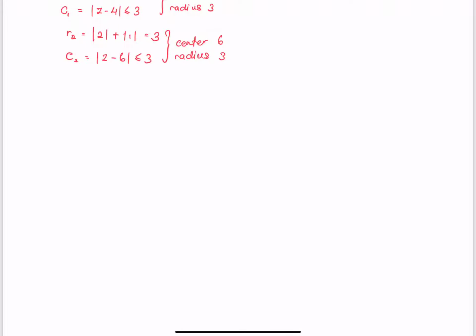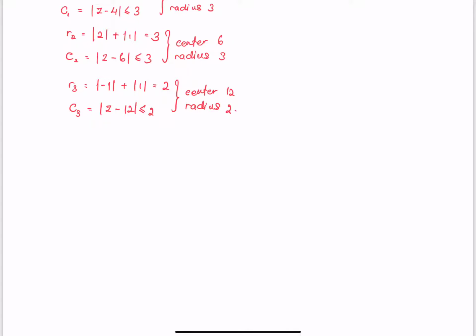For the third row, R3 is equal to absolute of -1 plus absolute of 1, which is 2, and the circle is |z minus 12| less than or equal to 2. So from the third row, we have a circle centered at 12, while the radius is 2.